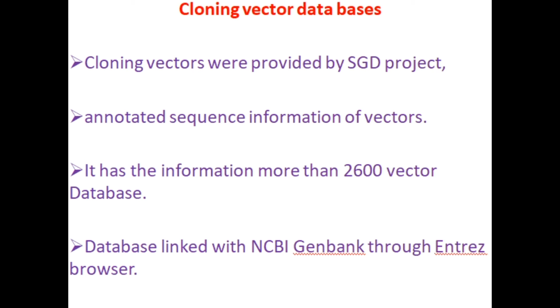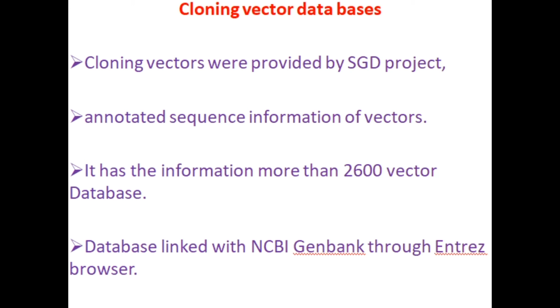It has information on more than 2600 vectors; at the beginning, it had around 400. The cloning vector database is linked with NCBI GenBank through the NRIS browser. Through the NRIS browser, we can retrieve the sequence.